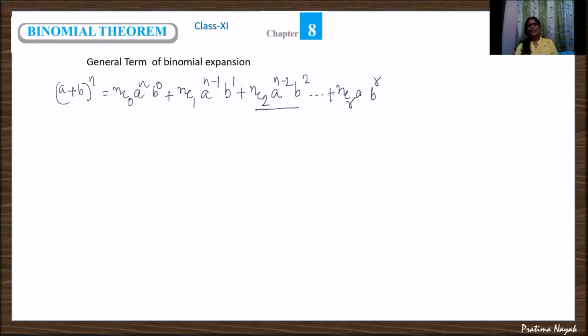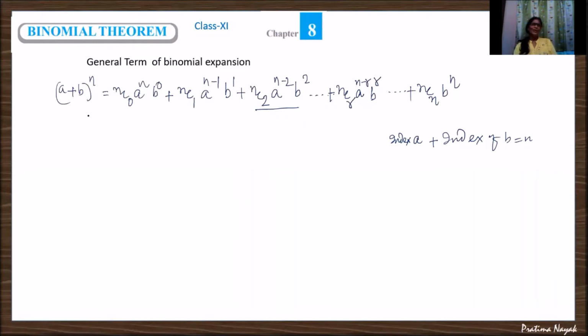So what about a? a will be just n minus r, because the index of a and the index of b give you your n. And your last term, if you recall, will be nCn into b to the power n and a to the power 0.